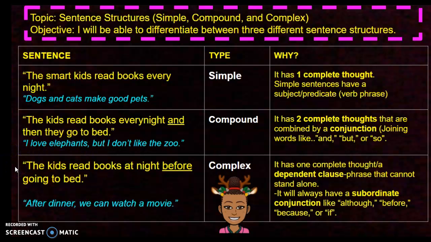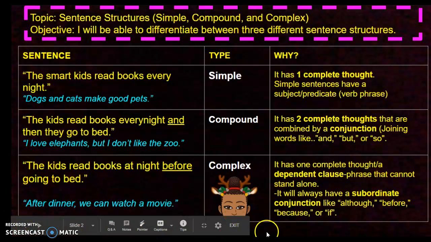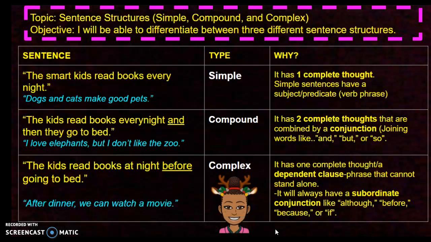And our final sentence. The kids read books at night before going to bed. Now, this will be considered a complex sentence. And sometimes complex sentences can be sort of tricky to identify, right? And so how you can identify those is a complex sentence has one complete thought, okay? And then it has another piece that is dependent.